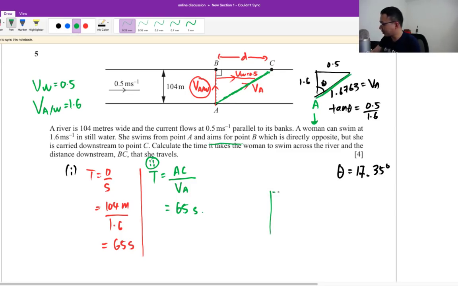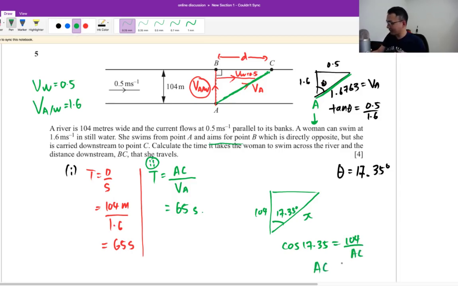So if I have the angle here, I can find the distance of AC. Let me just redraw this one to give you some idea. Because we have this one is 104, and then we have the angle 17.35. That means I can find AC. So if I want to find AC, it's an X here, so I will use the cos rule. So cos 17.35 equals 104 divided by the length of AC.